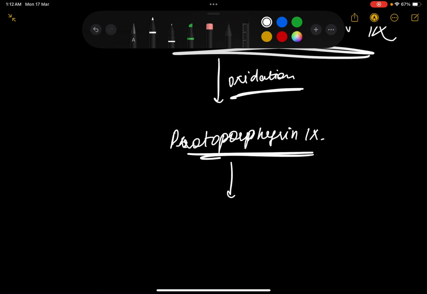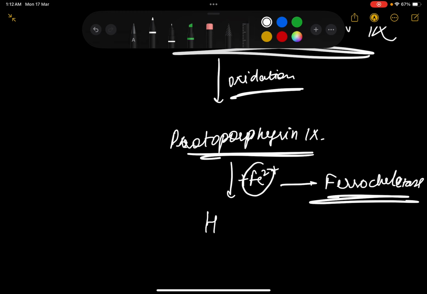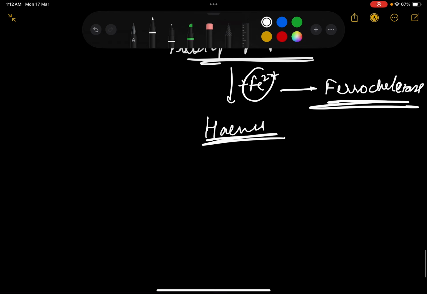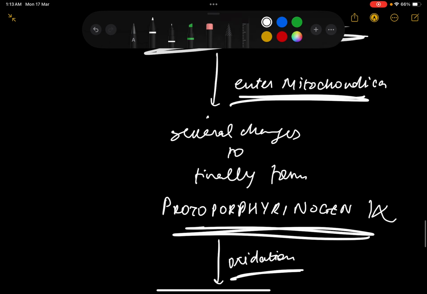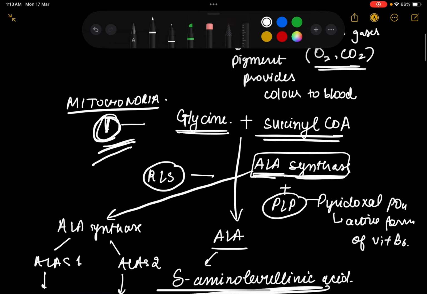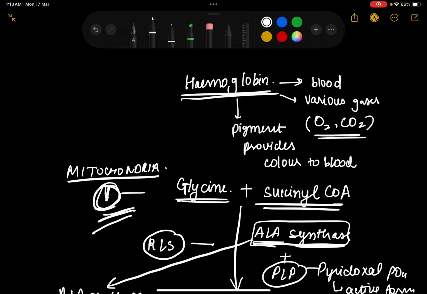This protoporphyrin 9 combines with iron in the presence of ferrochelatase enzyme to form heme. Or this reaction can even occur spontaneously. This ferrochelatase enzyme is also inhibited by lead. Now finally we have our heme formed. So these were the main steps and the reactions occurring in the formation of heme or hemoglobin.